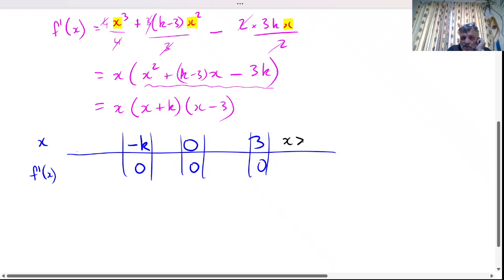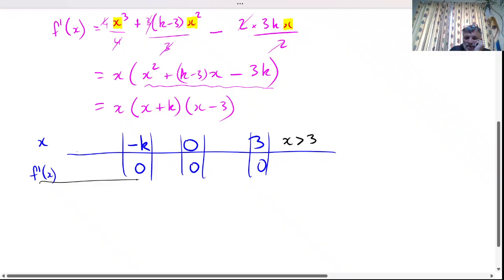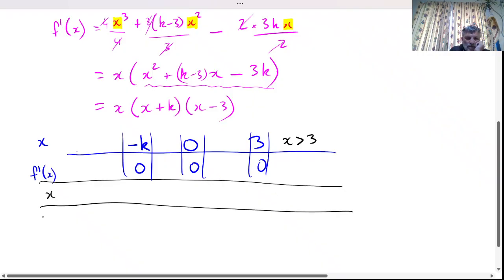If we have x bigger than 3, if you look at all these terms, actually some people expand this table. Let's do the x plus k a little neater.